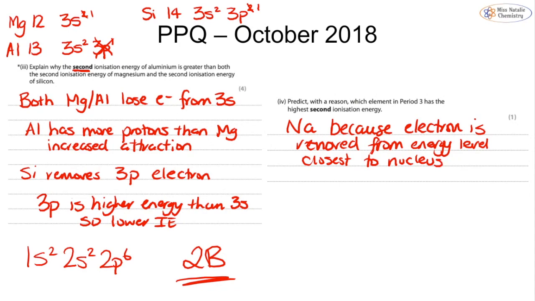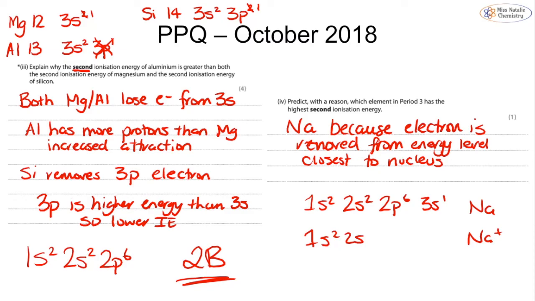Because if we think about the second ionization energy for sodium, we've had 1s2, 2s2, 2p6, 3s1. That's for the sodium. When it's the sodium ion, I've already removed that 3s1. So now I'm having to go into the second quantum shell.